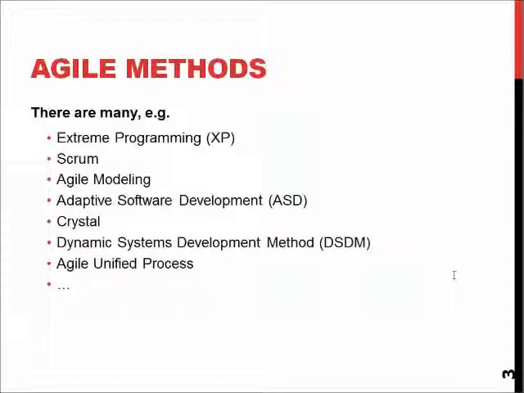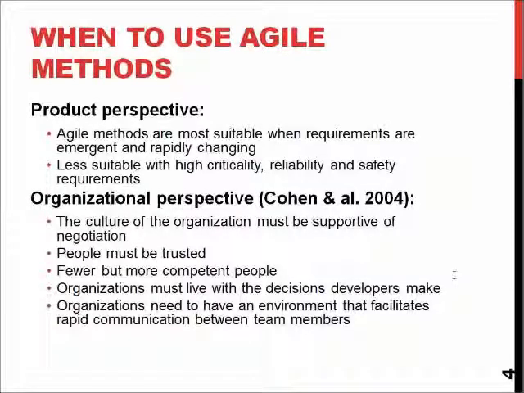So, even though the agile methods here are listed in a very clear-cut way, that this is agile and this is plan-driven, the truth is that agile practices are used in almost all software organizations. Concepts like pair programming, daily meetings or daily builds are already used everywhere.